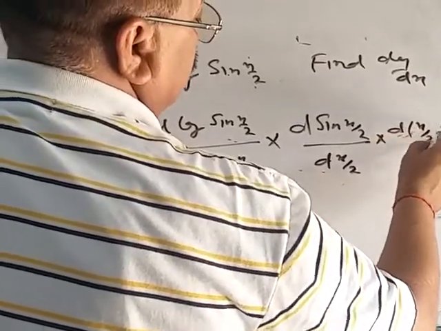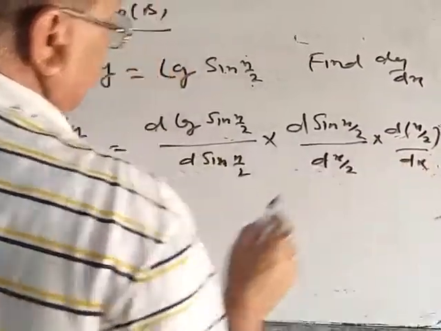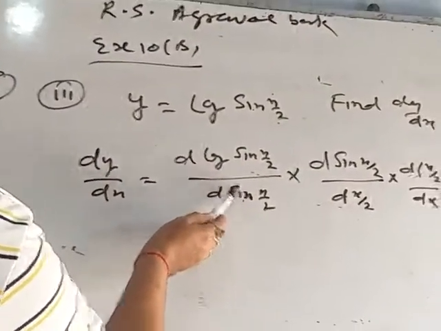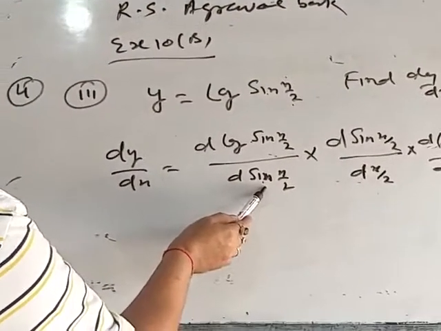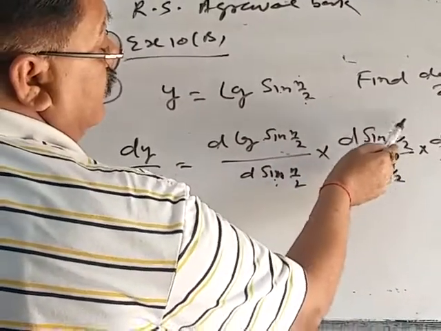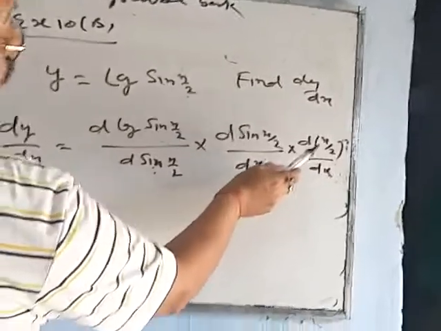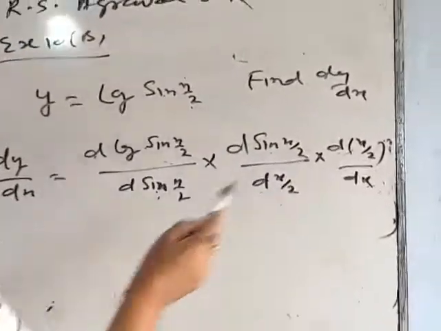This is a chain rule. This depends upon sin x by 2, so we differentiate with respect to sin x by 2. Sin x by 2 depends upon x by 2, we differentiate with respect to x by 2, and x by 2 depends upon x.